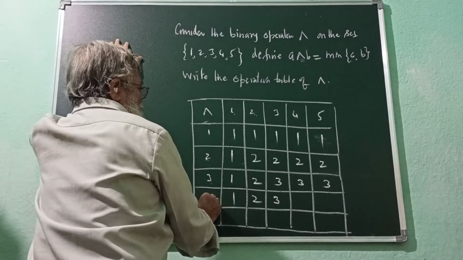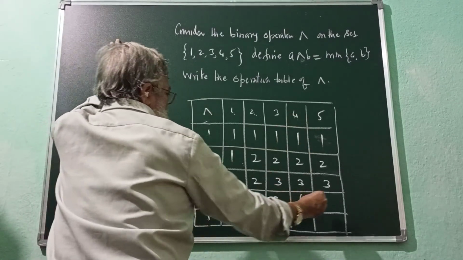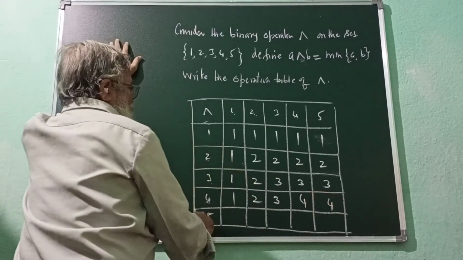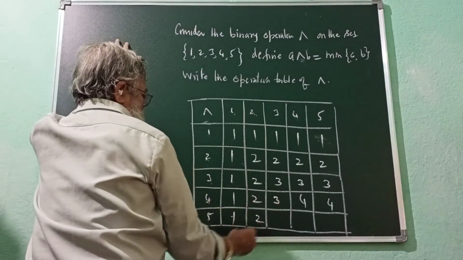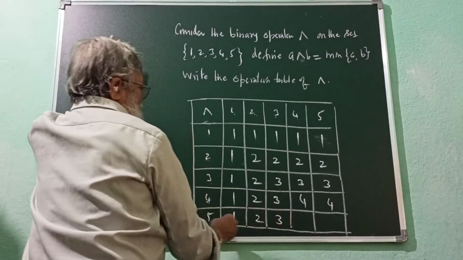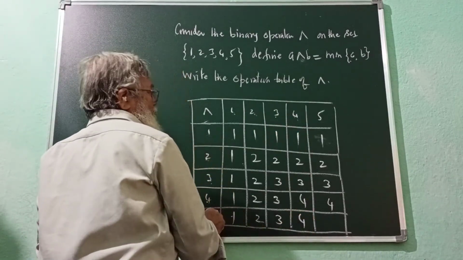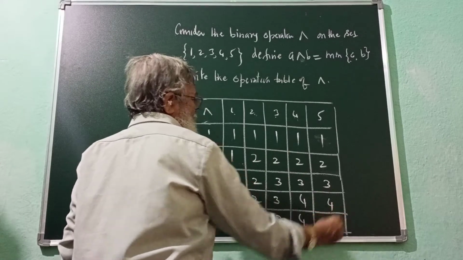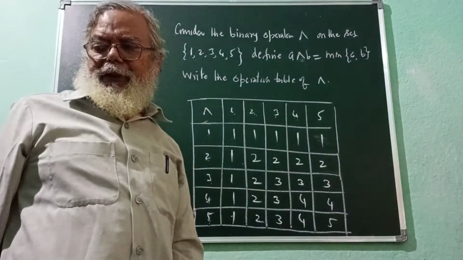Minimum of 4 and 4 is 4. 4 and 5, that is 4. 5 and 1, 1. Minimum of 5 and 2, 2. Minimum of 5 and 3, 3. Minimum of 5 and 4, 4. Minimum of 5 and 5, that is 5, which gives the table of this given binary operation.